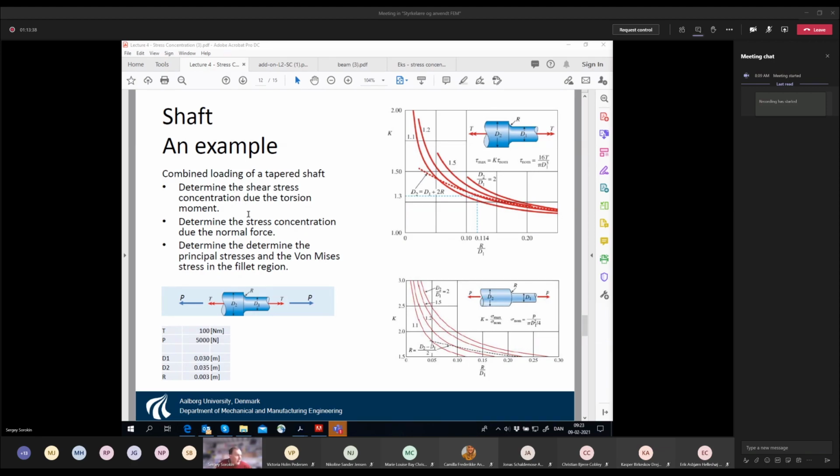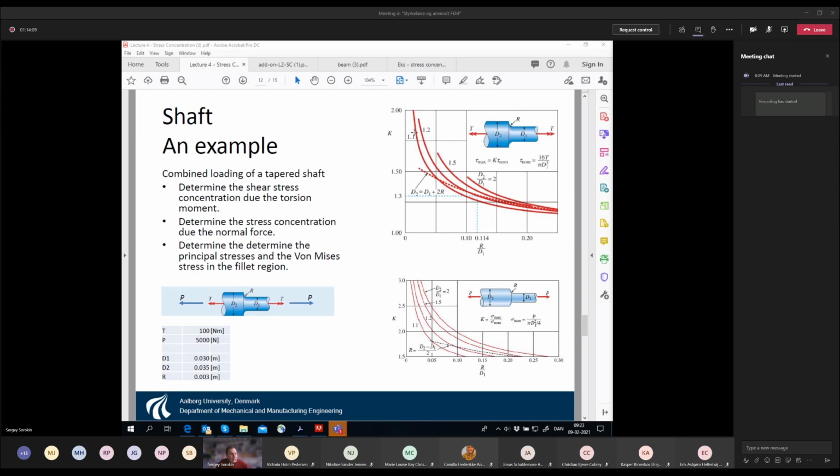So if we have now the combined loading, you see here, we have the torque, and we also have the extension. So then we have the shear stresses produced by the torque, and we calculate the nominal stress, and we calculate the stress concentration factor.